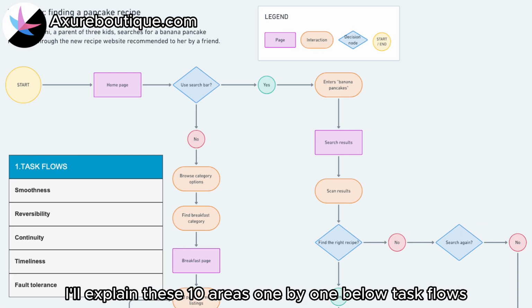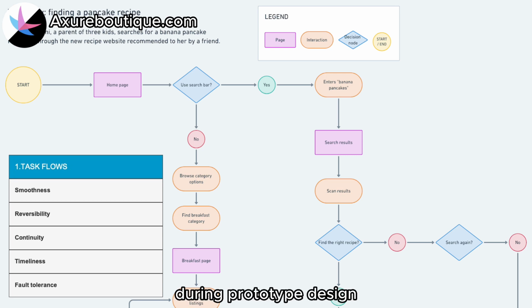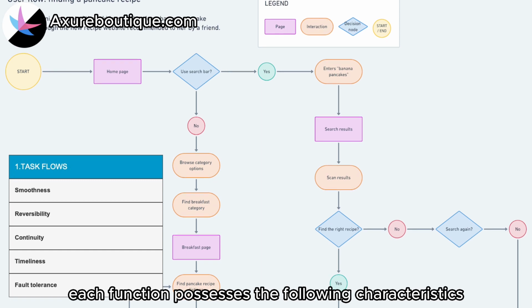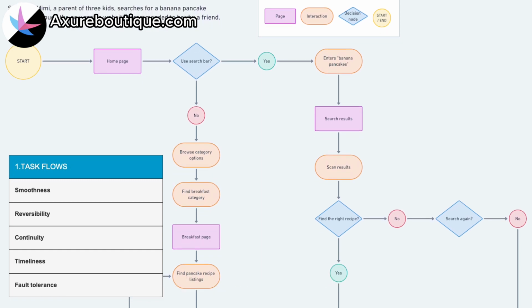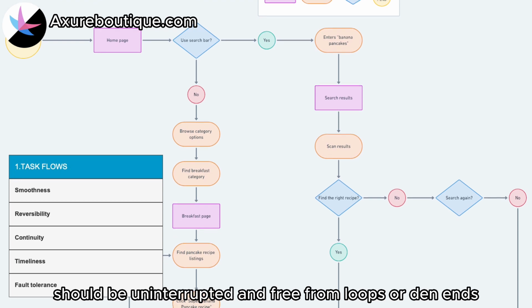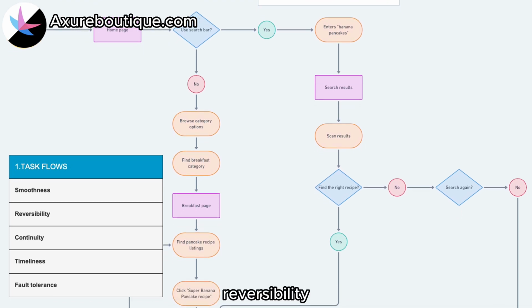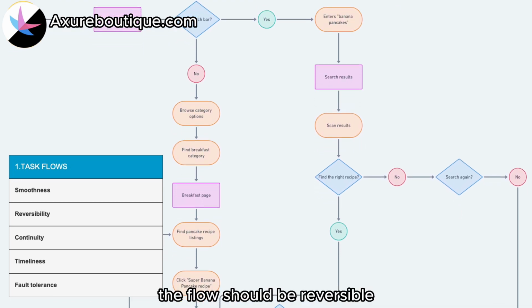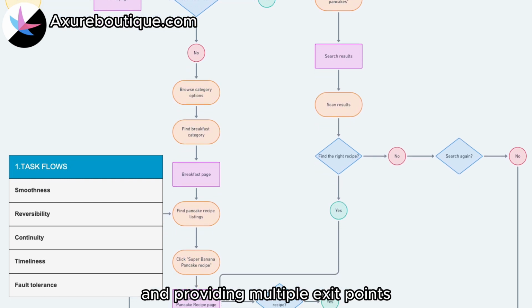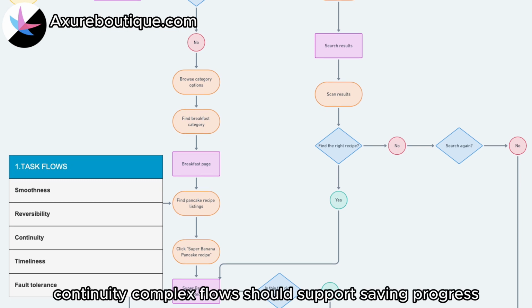Task flows. During prototype design, it is important to check if the operational flow of each function possesses the following characteristics. Smoothness. The flow should be uninterrupted and free from loops or dead ends. Reversibility. The flow should be reversible, allowing users to undo or reset actions and providing multiple exit points. Continuity.